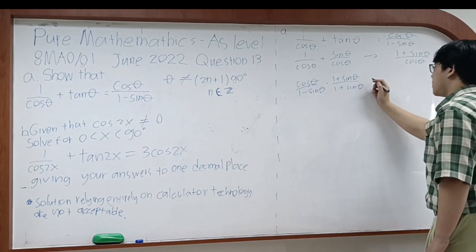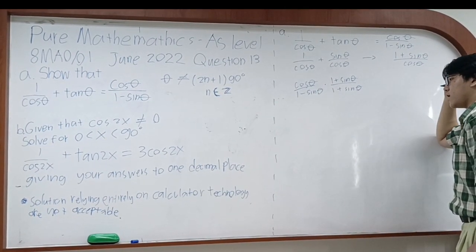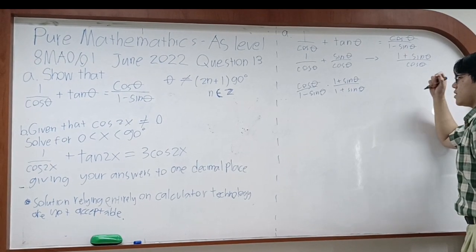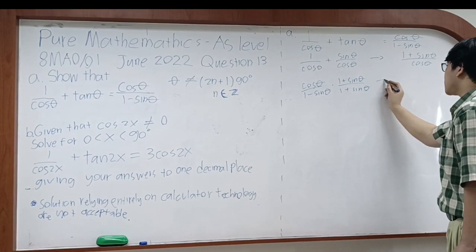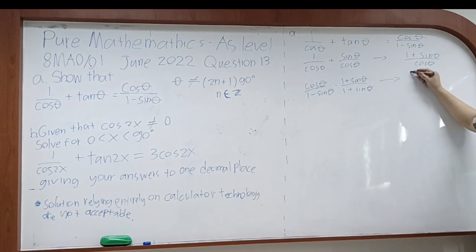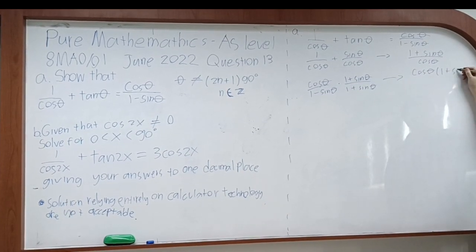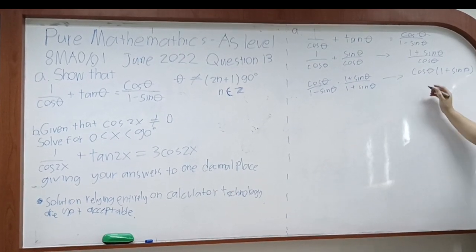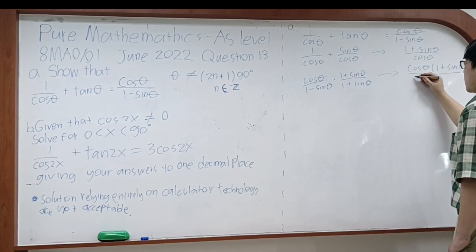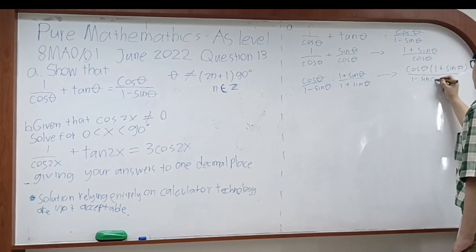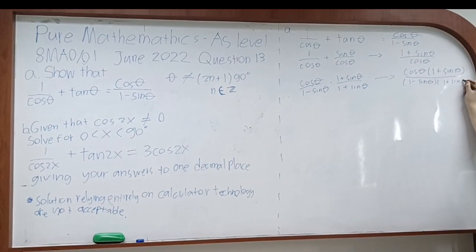Rationalizing the denominator is used mainly in trigonometric identities, to simplify certain equations. After we do this, we will be left with cos theta multiplied by 1 plus sin theta over 1 minus sin theta multiplied by 1 plus sin theta.